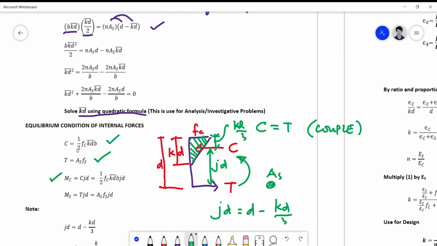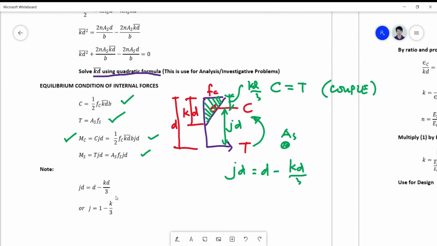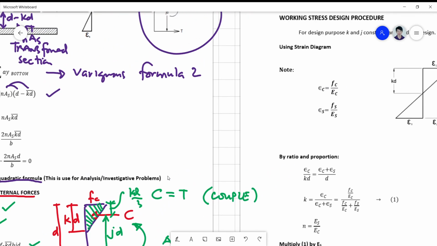So you just substitute C there and substitute jd there, and you get these two equations here. Take note that jd is d minus kd over 3, or j is simply 1 minus k over 3. Okay, so that's how you solve for the equilibrium condition on the internal forces.